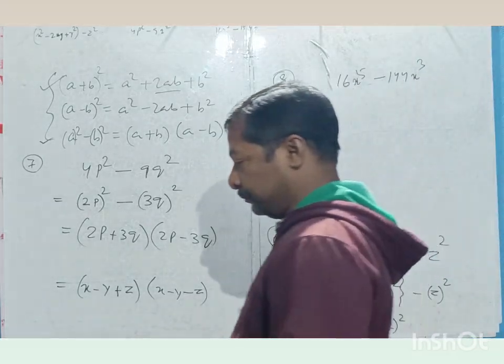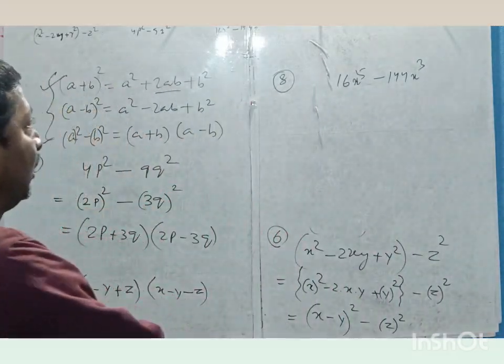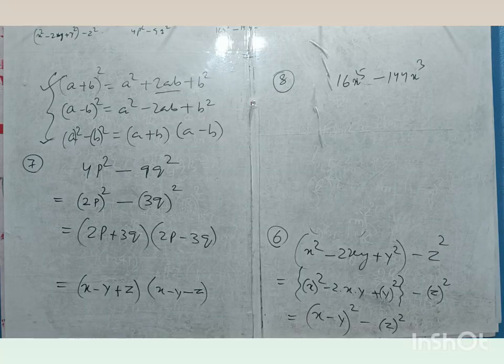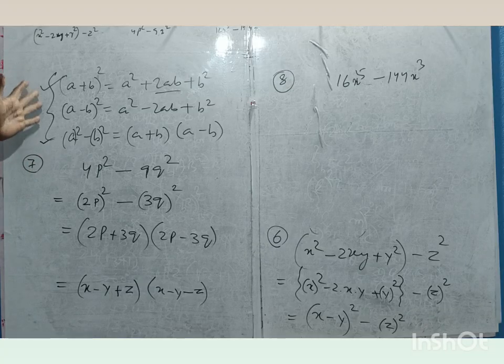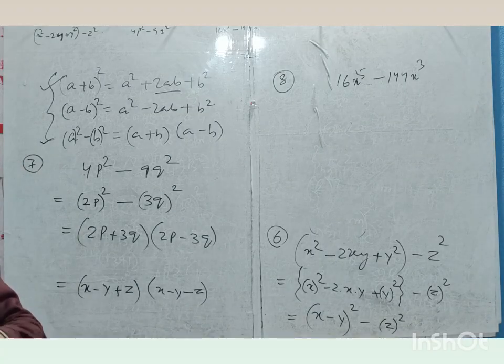Okay, so think, in what form it will fall, or what it looks like. There is nothing to match with these 3 identities. So how to think, how to proceed?